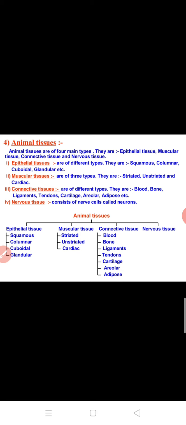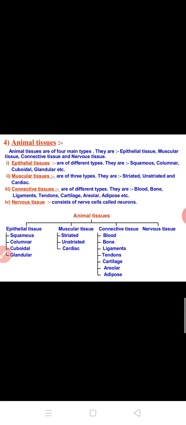Muscular tissues are of three types: striated, unstriated, and cardiac tissues. And connective tissues are of the following types: blood, bone, ligaments, tendons, cartilage, areolar, and adipose tissues. Let us now study each type of tissue one by one.